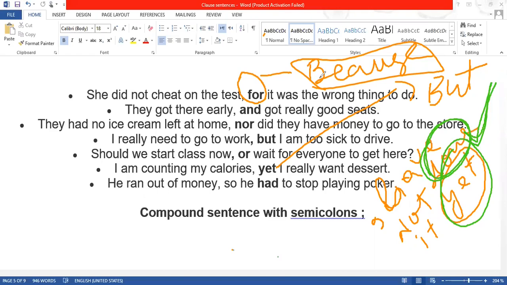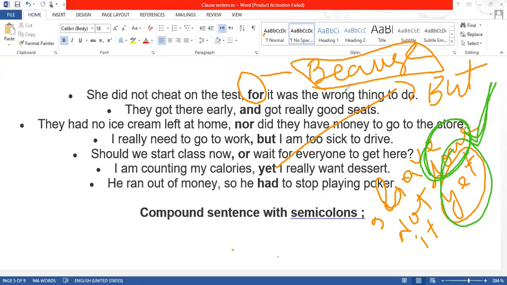So you have to differentiate, because in exams they will give you certain sentences in MCQs and they will ask you which part of speech it is. For is a preposition and it is a conjunction. So the sentence will tell us whether it's a conjunction or a preposition.